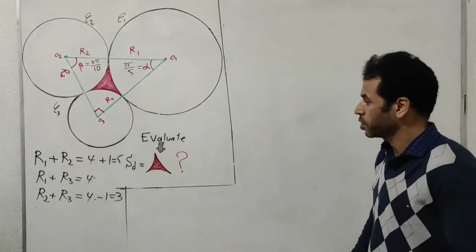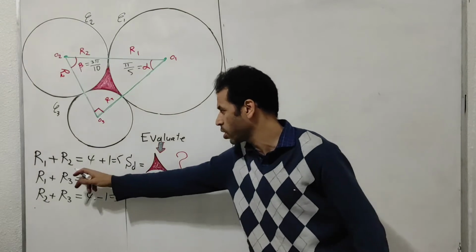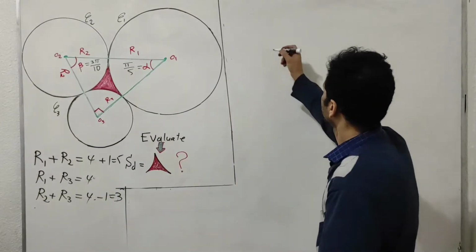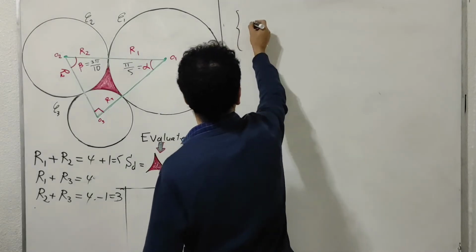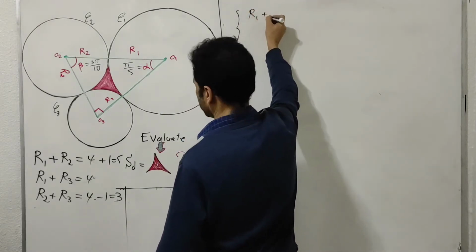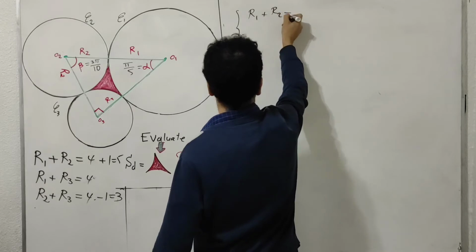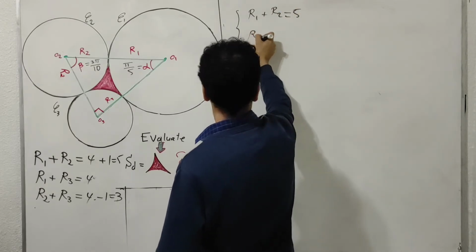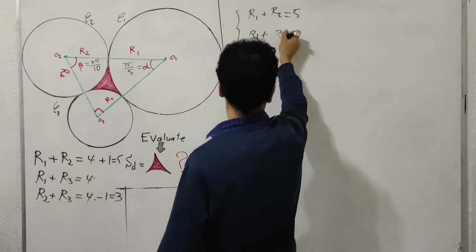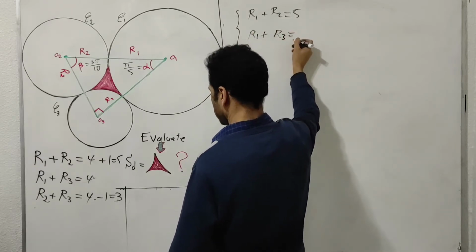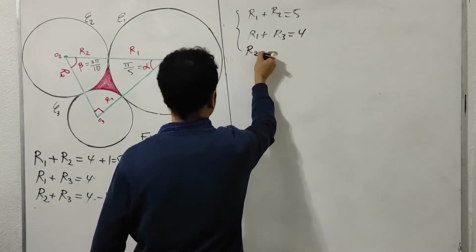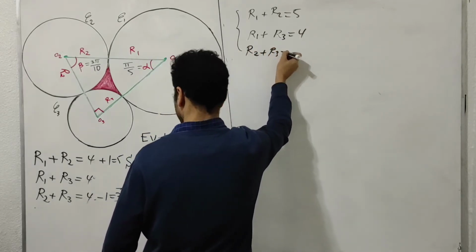Okay, for this step I'm going to calculate R1, R2 and R3 by solving this equation system. I already found these values: R1 plus R2 equal to 5, R1 plus R3 equal to 4, and the last equation R2 plus R3 equal to 3.